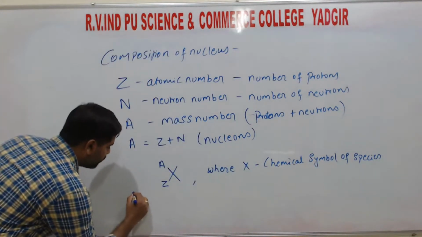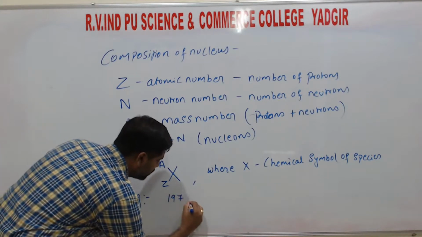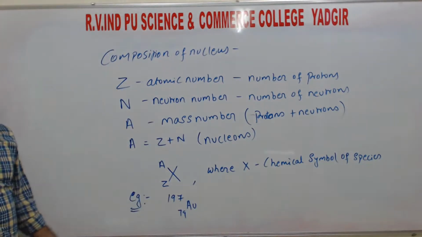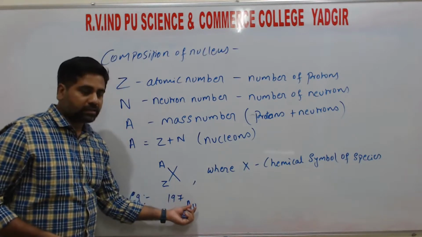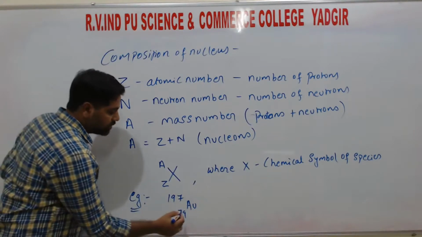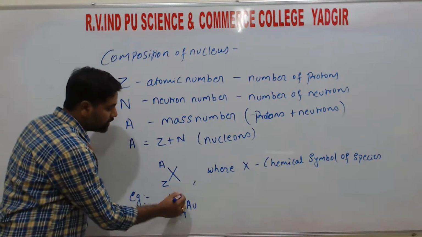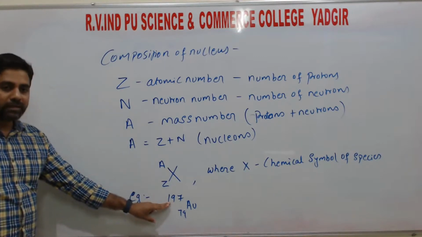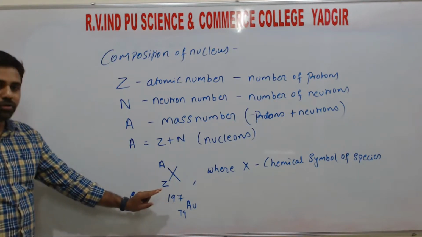If we take one example for this, 197 Au 79. Here Au is gold, so this is the gold nucleus. In this representation, Au is the nucleus of gold and 197 is the mass number, that is A. When A is 197, that means this 197 consists of both protons and neutrons, right?